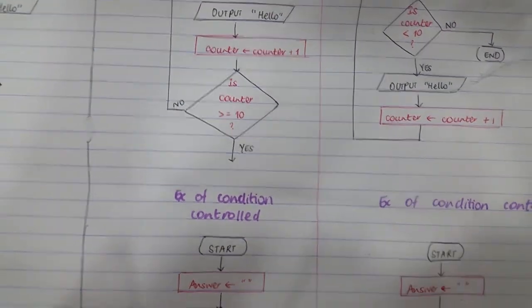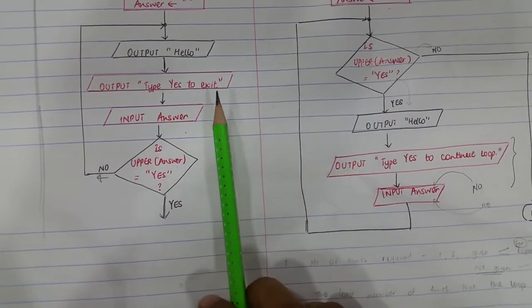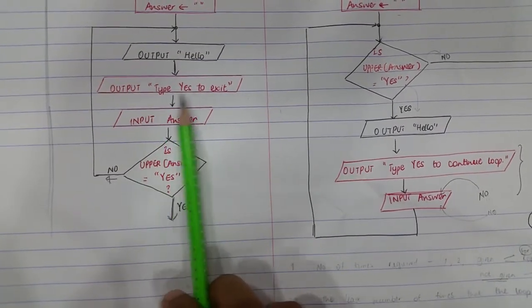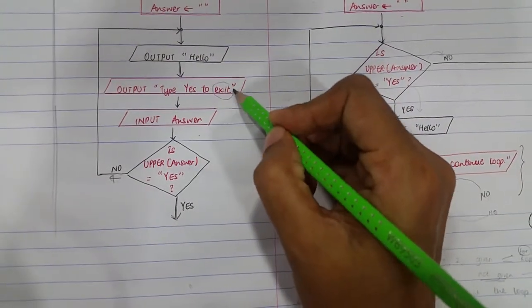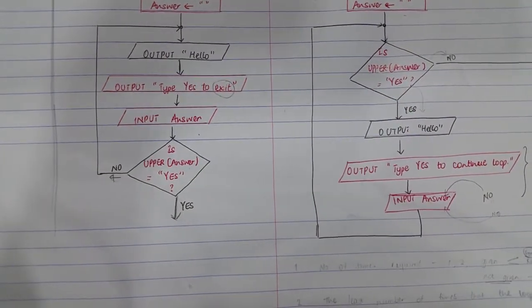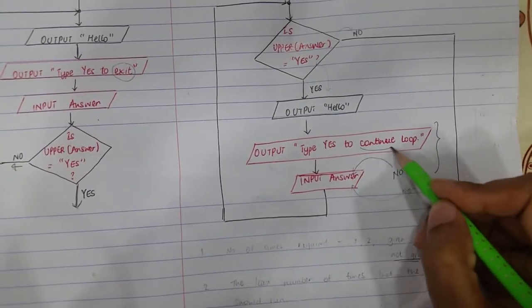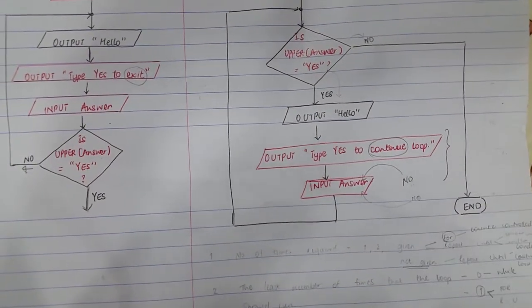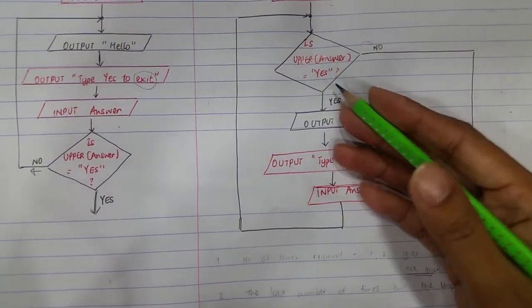Pas seulement ça. Now, you may also think of it, okay, the user types yes to exit the loop, to stop the loop. Ici, quelle question il mettait? Type yes to continue the loop. Ok? Je garde inverse la question là.